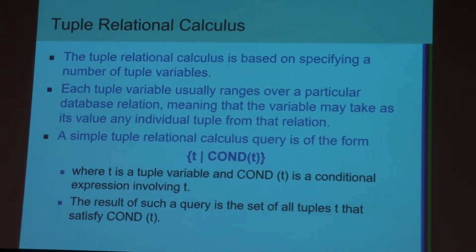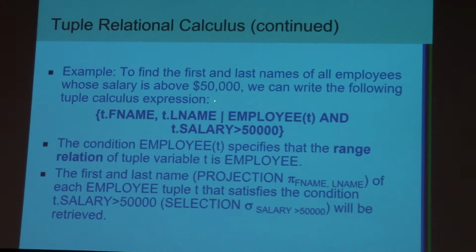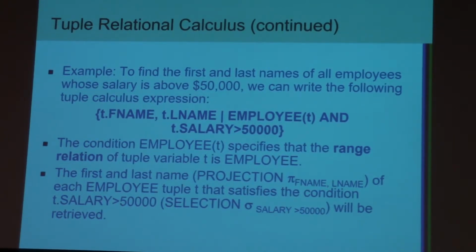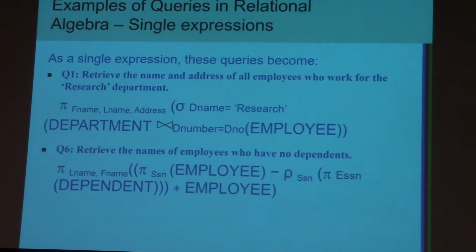So we will specify the condition. For example, in this case, it's the first name and last name of employees whose salary is bigger than 50. Instead of using the operation, we can just specify all the conditions. The output is the same. SQL used this approach. However, behind the scenes the query optimizer uses this approach.